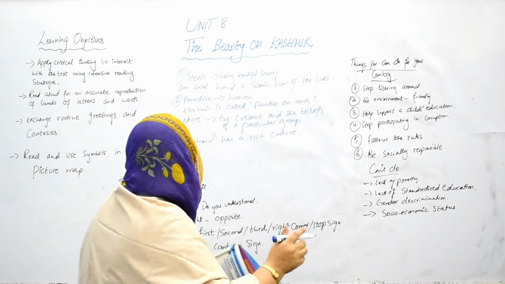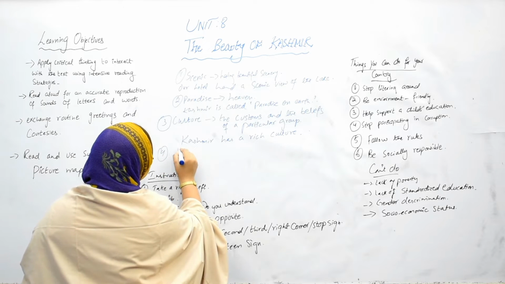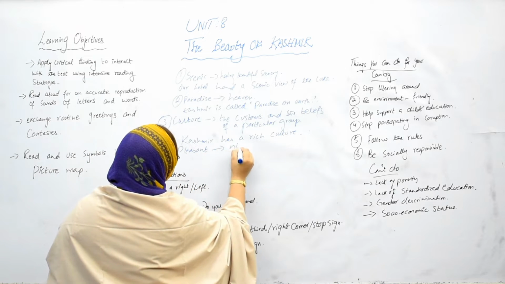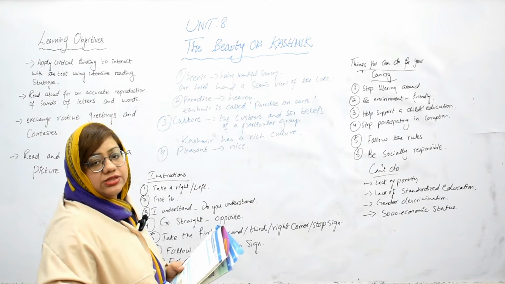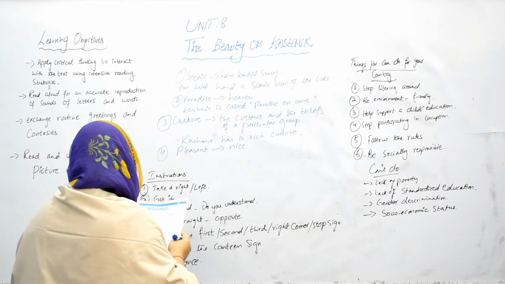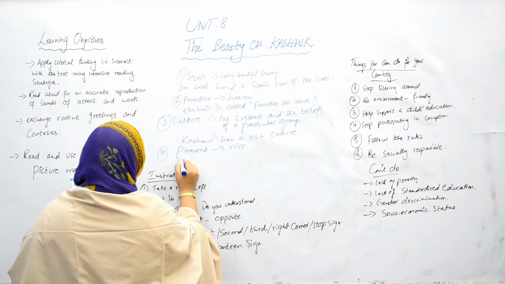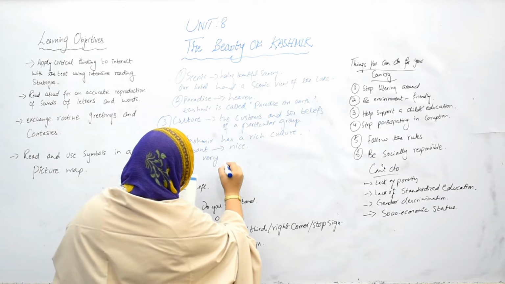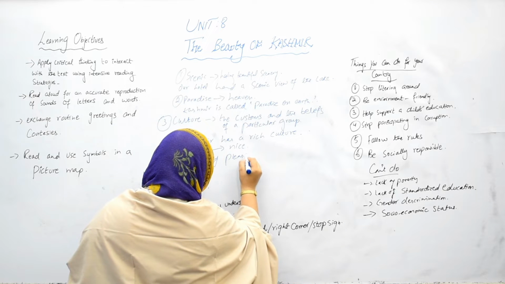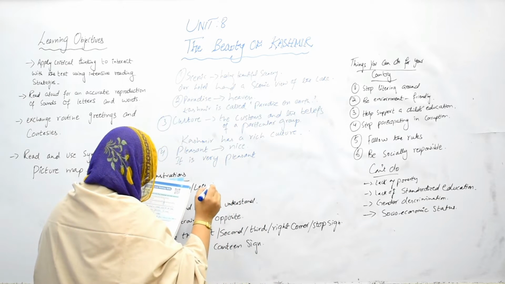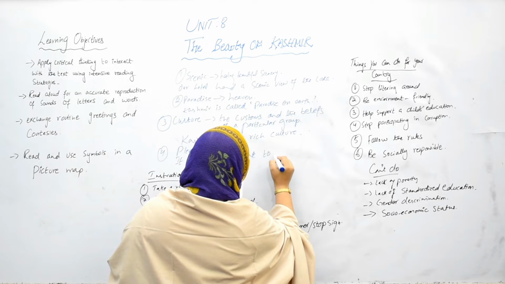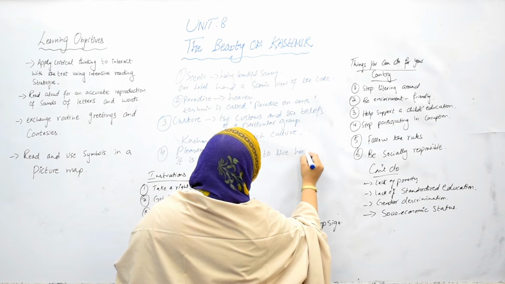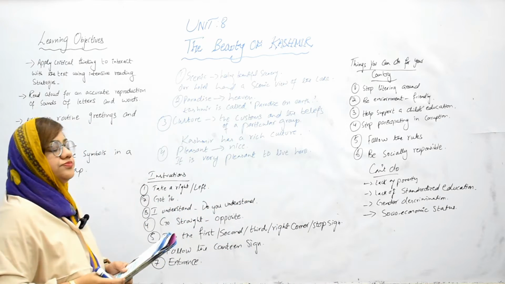Number 4 is pleasant. Pleasant means nice. Now I'm making the sentence of pleasant. It is very pleasant to live here.